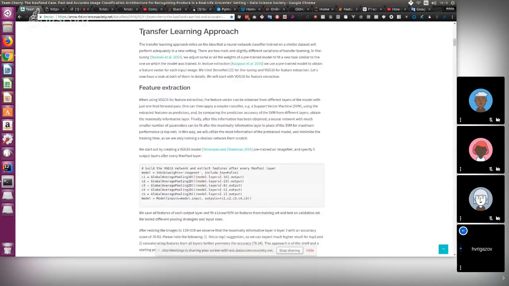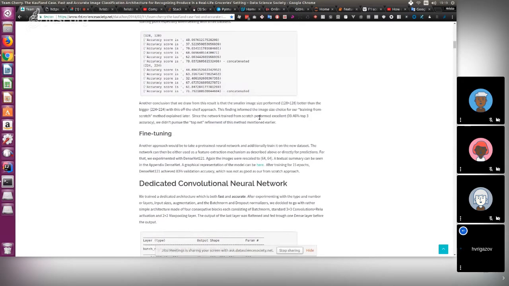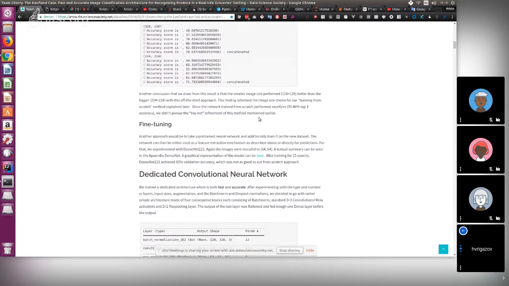All right, and this is one of our ideas for transfer learning, and the other is to use a pre-trained network and train its convolutions also. So we are training also the feature extractions. We tried that with DenseNet, but it also showed some promise.